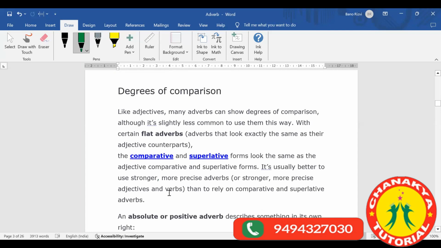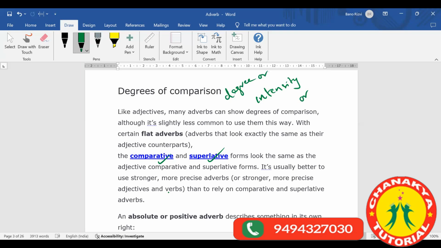Now let us talk about comparison. Comparison is important. When we are comparing, we have comparative and we have superlative. Comparative and superlative adverbs are used to compare the degree or intensity of an action or state between two or more things.